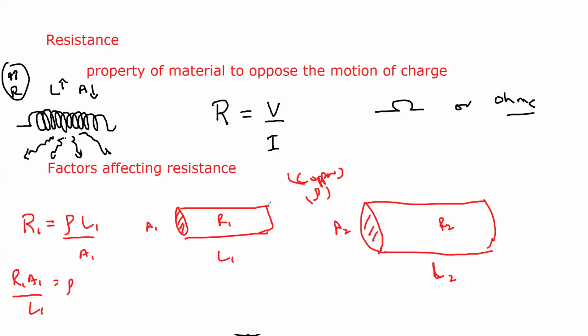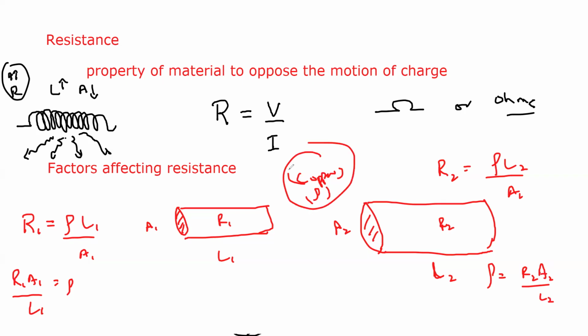For the second wire, the resistance is R2, its resistivity is rho, length is L2 and area is A2. So resistivity will be equal to R2 A2 over L2. Because these two wires are made of the same material, they have the same resistivity.